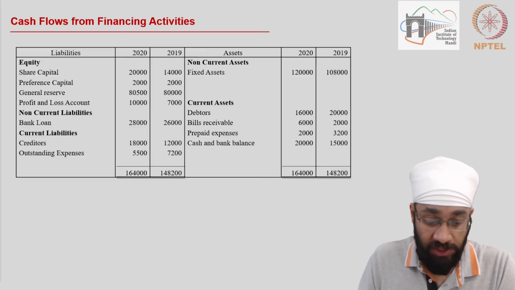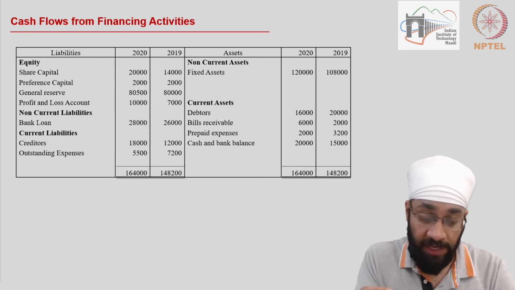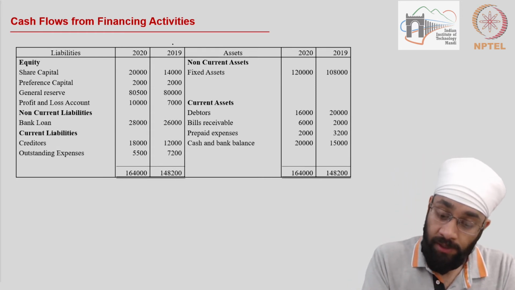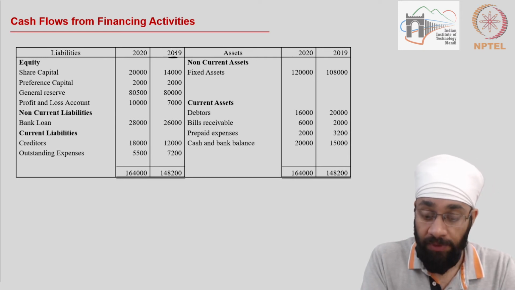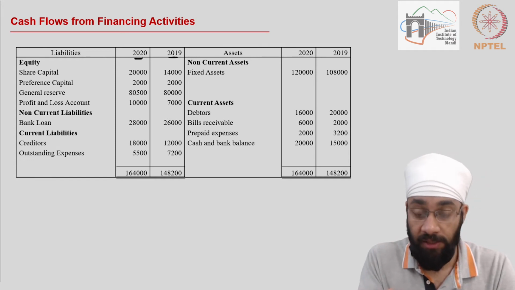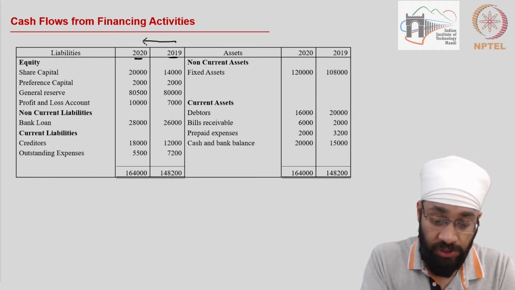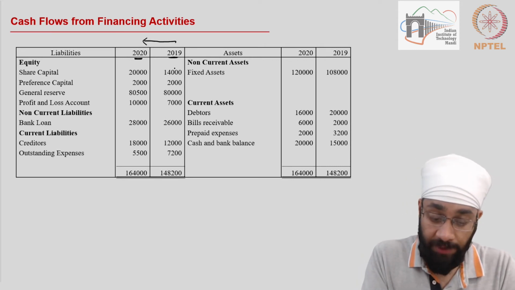So I'll go to the balance sheet and look for issue of shares, if there is new capital that has been raised. The important point to notice is the 2019 previous year numbers are here, and these are the current year numbers. So this is the direction in which we should determine the change. Share capital was 14,000 and now it is 20,000.